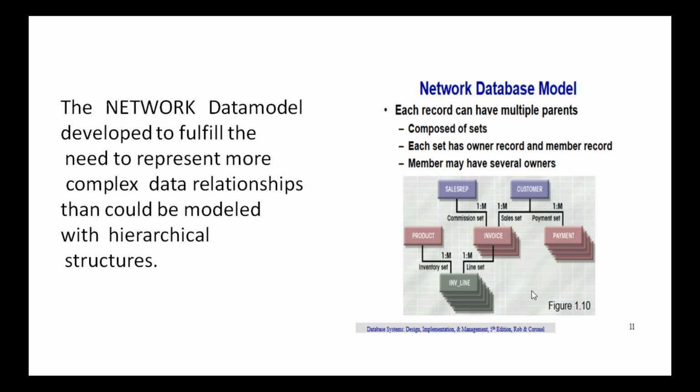And invoice line: to specify all the details of the products in the bills, we need product and also invoice. So product and invoice are the owners of the invoice line member records.